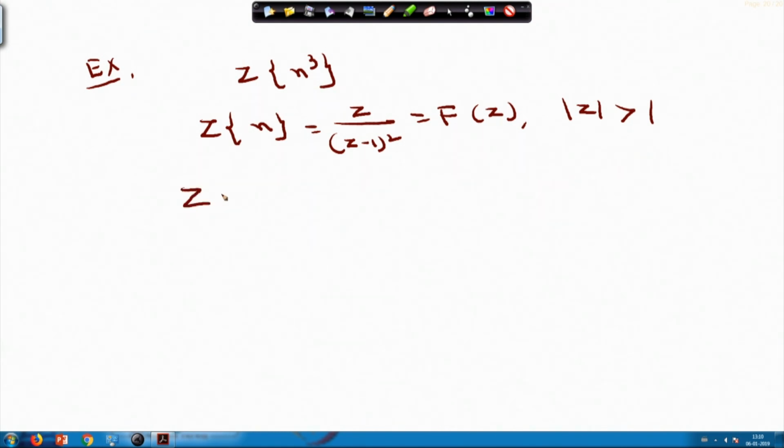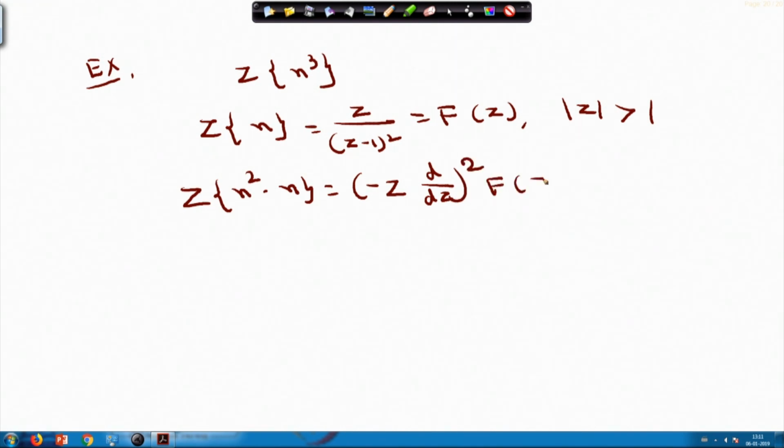Now, using the property, Z transform of n square into n equals minus z d dz whole square of capital F z.